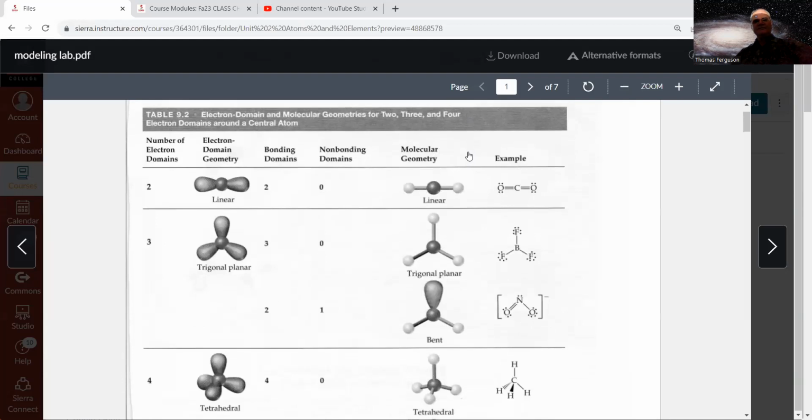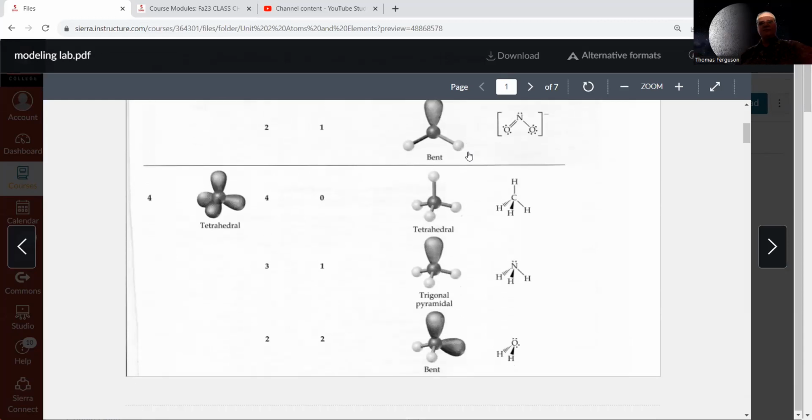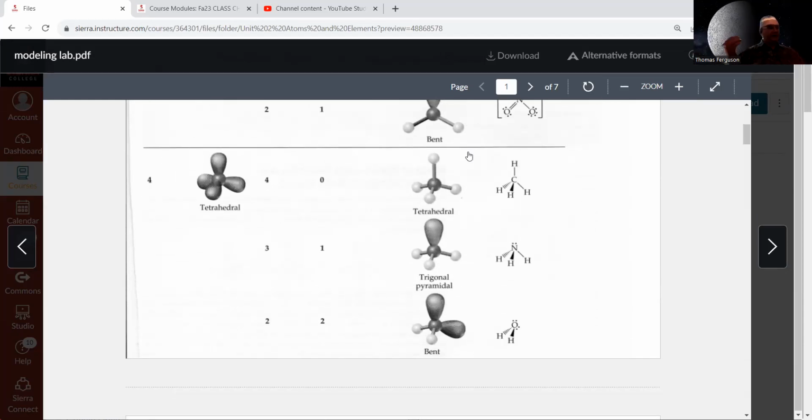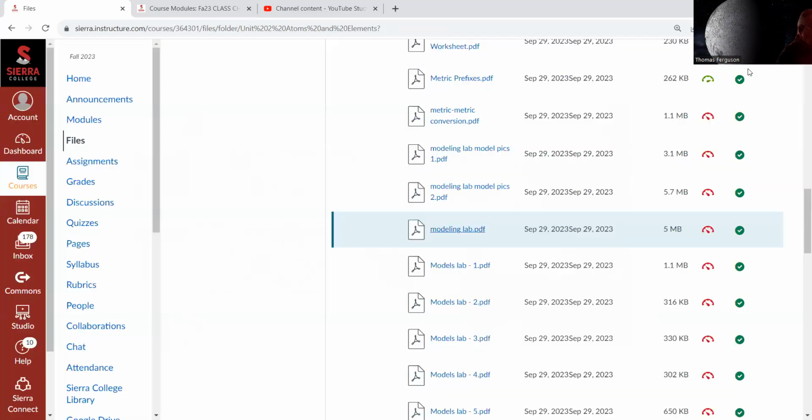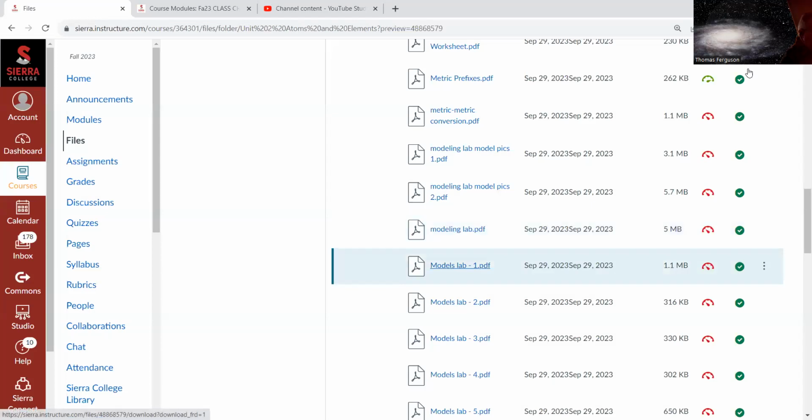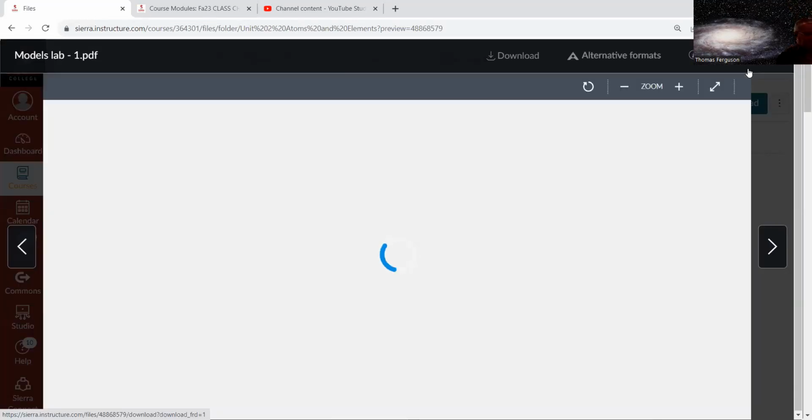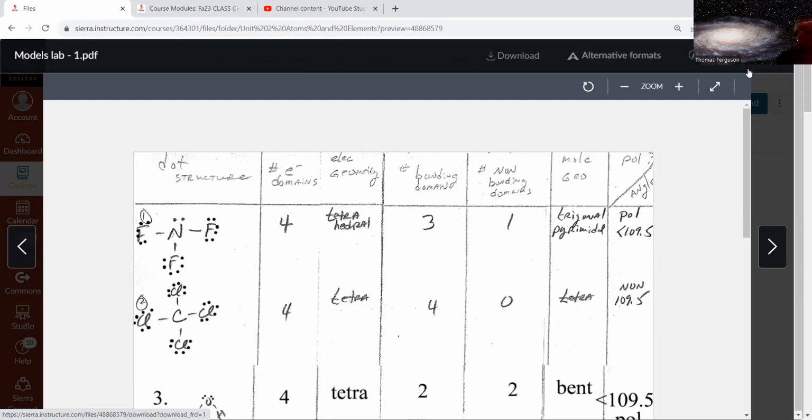What's missing though is the VSEPR class and the bonding angle. So the linear up here would be 180. The next two are going to be 120. The next three are going to be 109.5. But that's a nice, pretty picture of what I did.